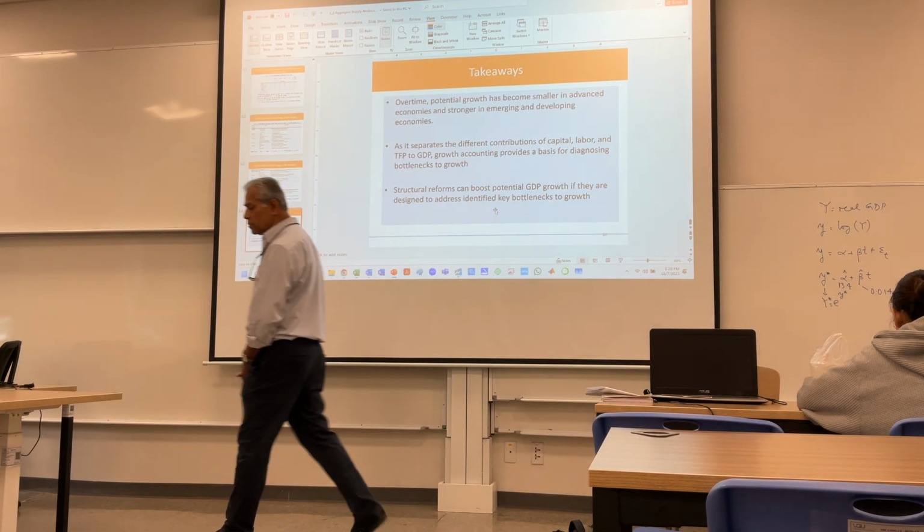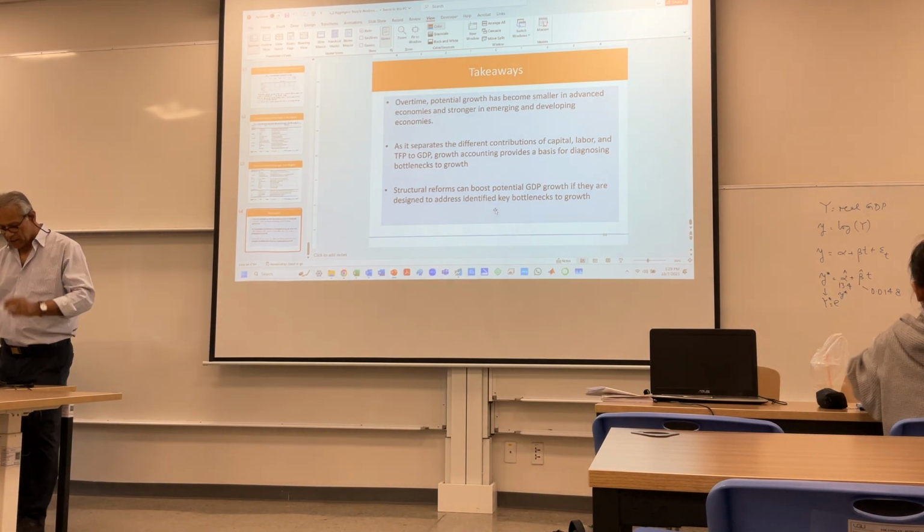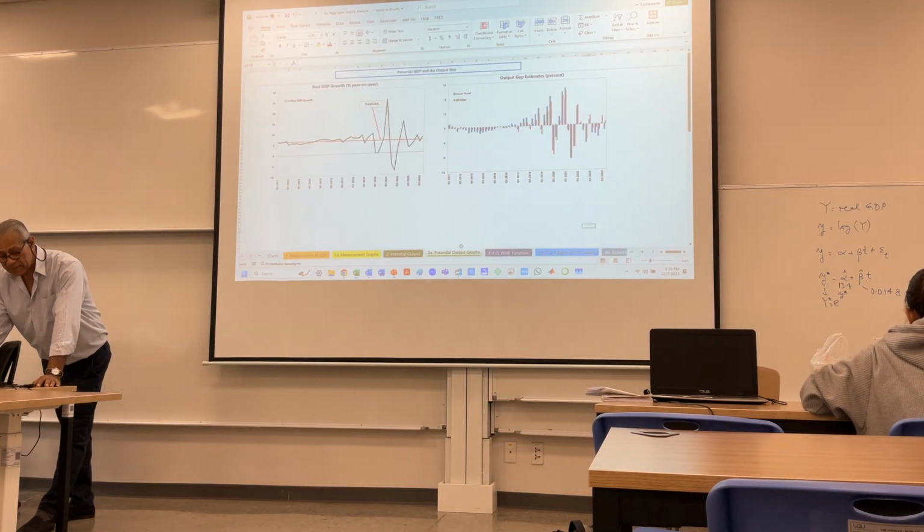Okay. Let's now implement this idea of being able to estimate potential output using the production function in our spreadsheet.